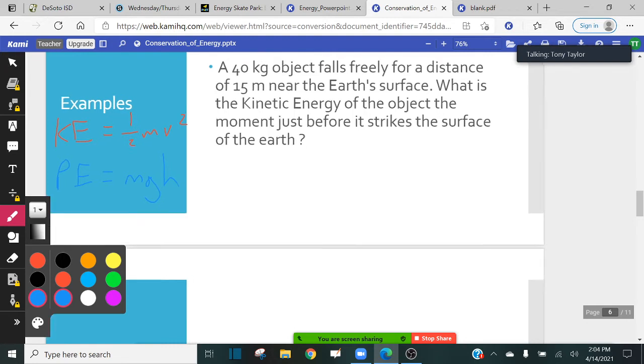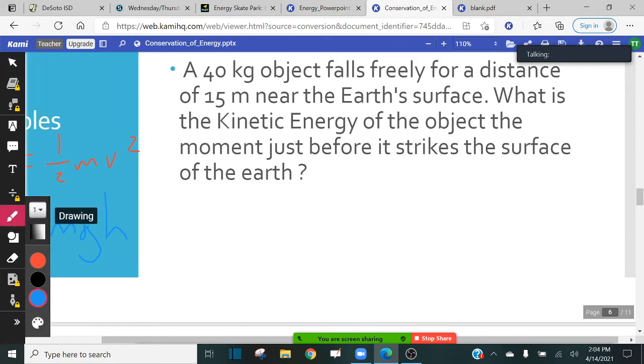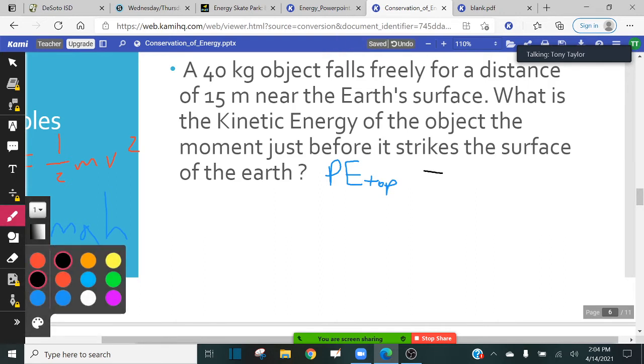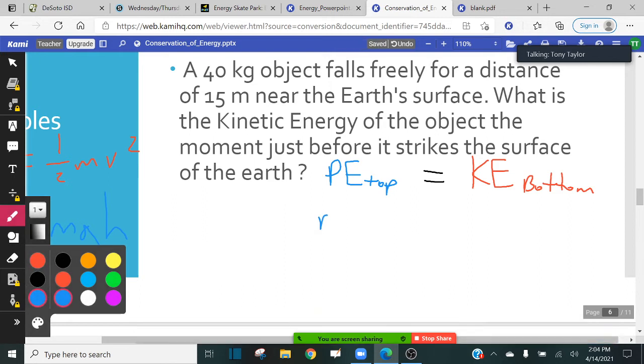So potential energy at the top is equal to kinetic energy at the bottom. Now, we can easily calculate the potential energy at the top because the equation for potential energy is mass times 9.8 times height.